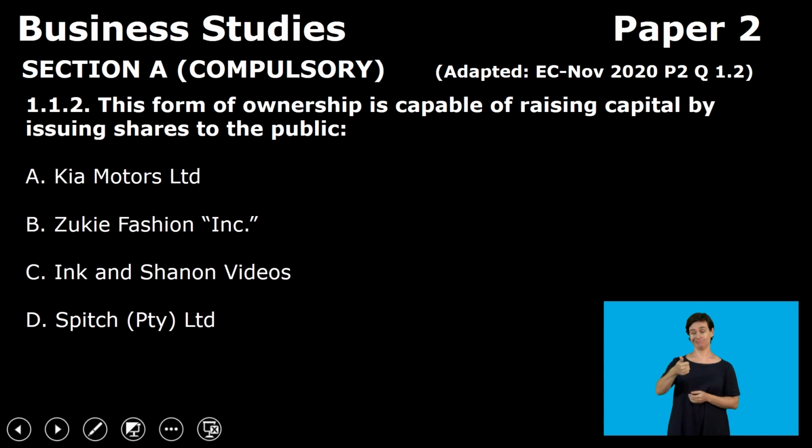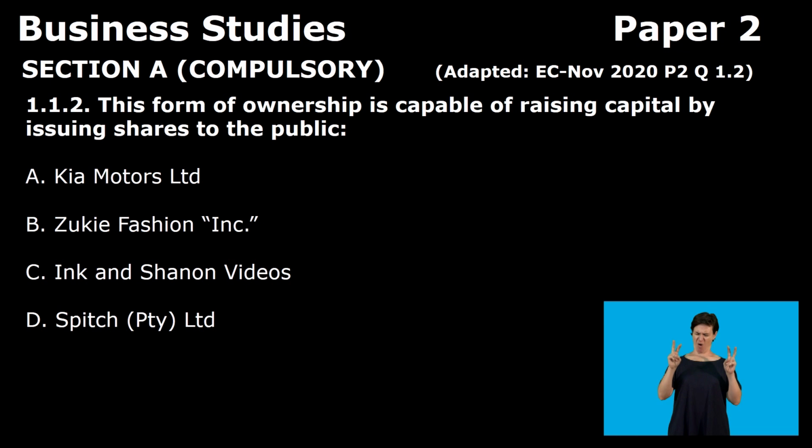All right, we're moving on to 1.1.2. This form of ownership is capable of raising capital by issuing shares to the public. It's very important that you read the question with understanding. Issuing shares to the public, which form of ownership is that? Don't forget, these are forms of ownership. So Kia Motors Ltd, it's what?